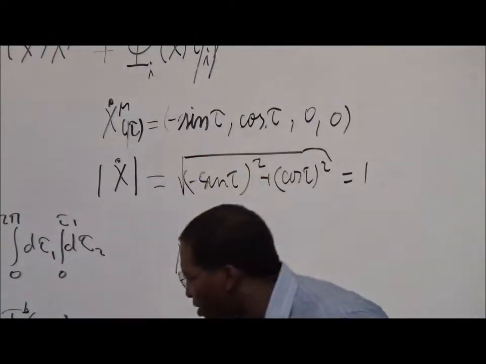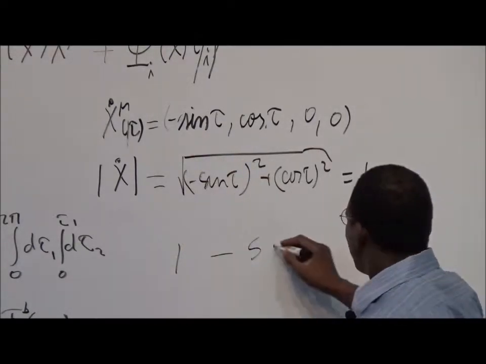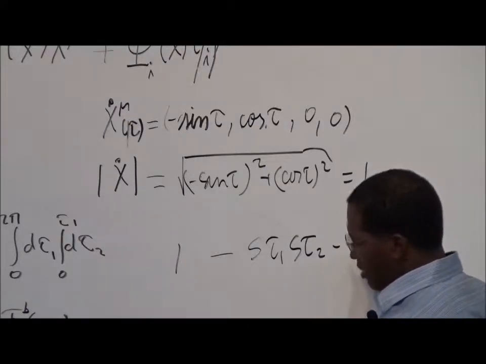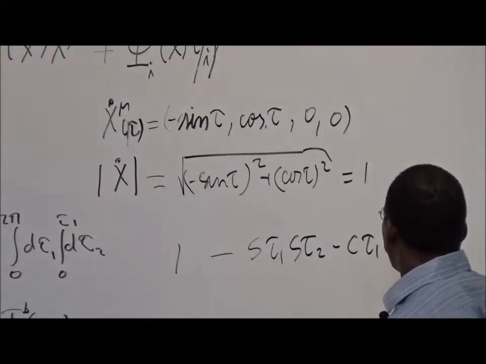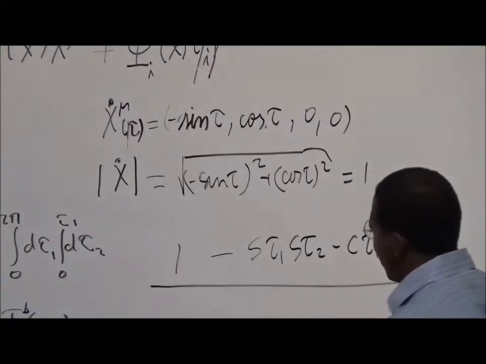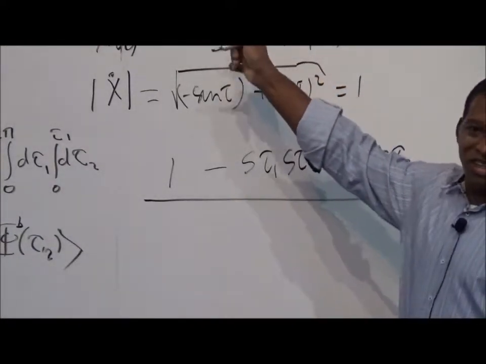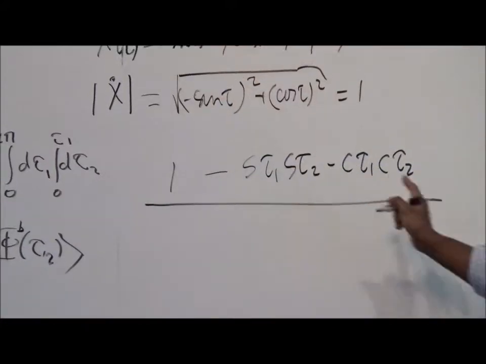The product is minus sine of tau 1 sine of tau 2, minus cosine of tau 1 cosine of tau 2. It's just a scalar product of this with the same thing at a different tau.